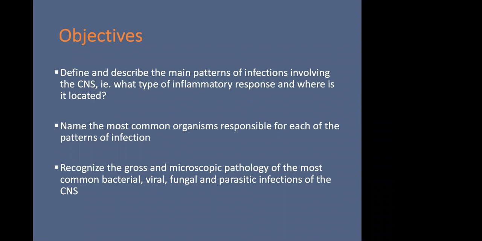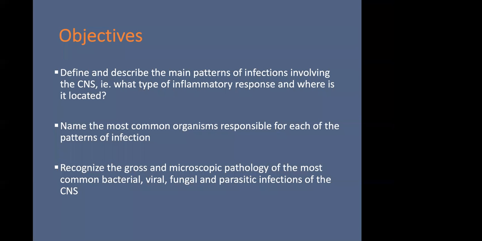Today's lecture will be limited to defining and describing the main patterns of infections involving the CNS. In pathology, we diagnose individual disorders in the brain and spinal cord, looking at tissue, and individual organisms and groups of organisms show different patterns in the tissue that we recognize.